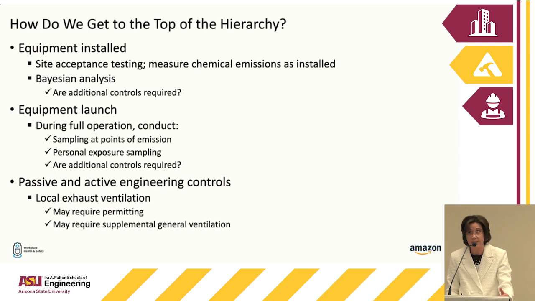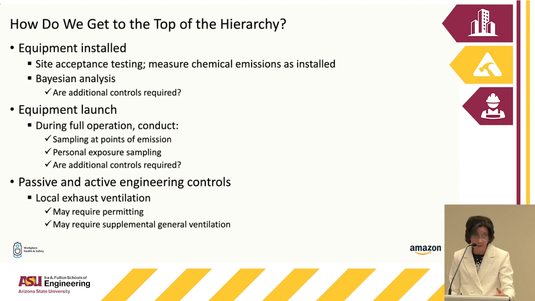You've got to have that money in your pocketbook. Nothing's worse than going through ECM, Engineering Change Management, and a supplemental CAR. And then equipment launch. During full operation, again, we have to do sampling. And you sample at the point of emission to see whether it met your target, in addition to personal exposure sampling, so that you can verify whether the worker is protected.